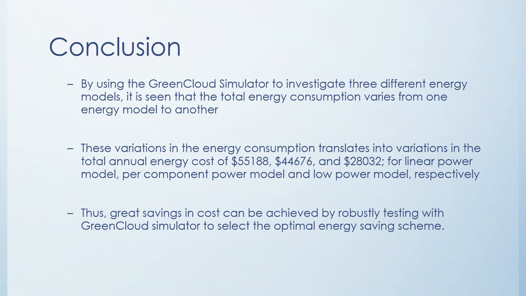As you can see, the cost can go down from 55,000 to 28,000 if the appropriate power saving scheme is selected. So GreenCloud simulator affords us the opportunity to select the optimal energy saving scheme that will help us save a substantial amount of money in running the data center.